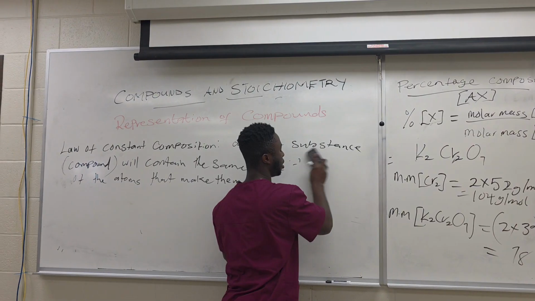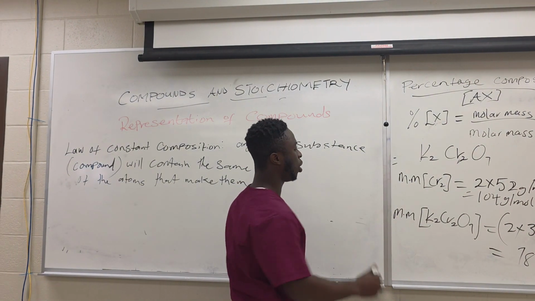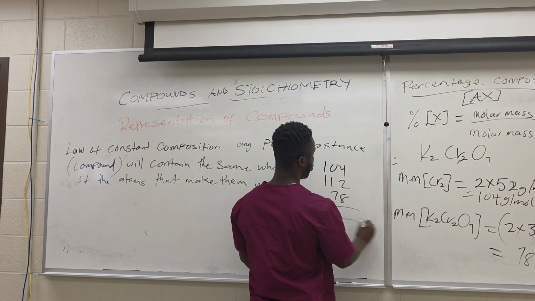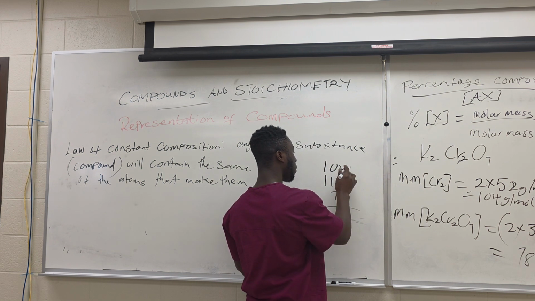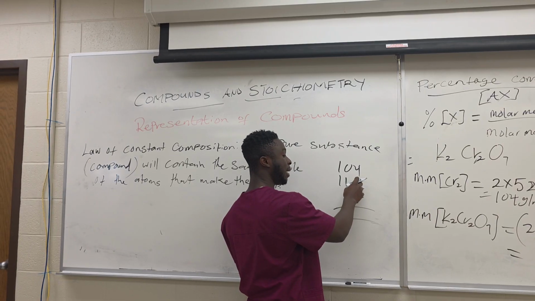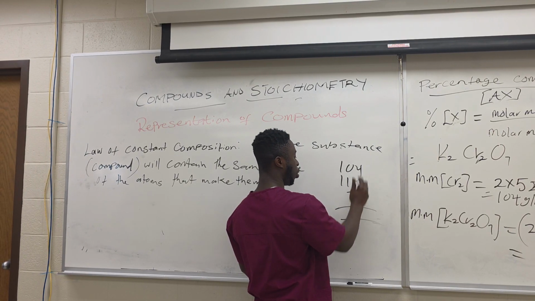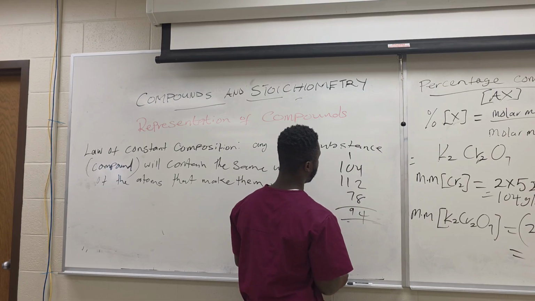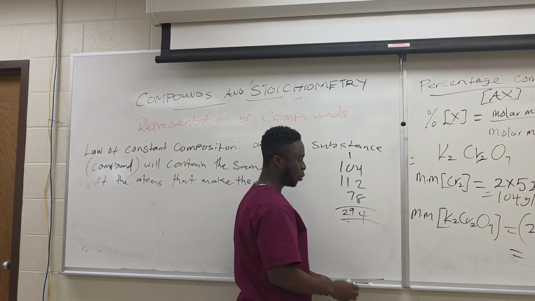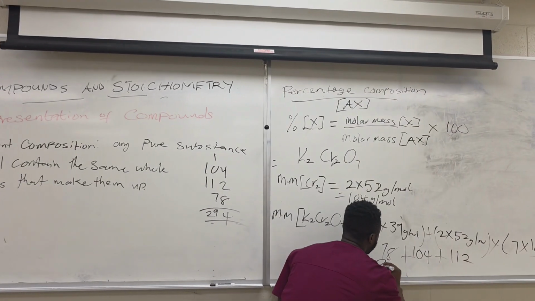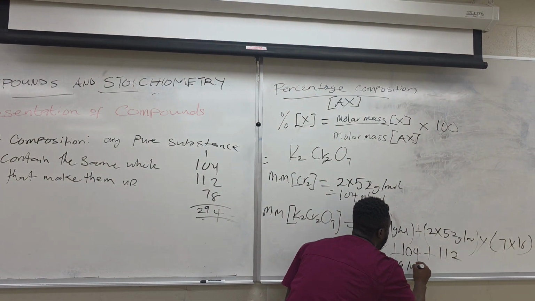And if we add all of these together, 104, 112, 78, we are going to get 294 for the entire molar mass, which is 294 grams per mole.